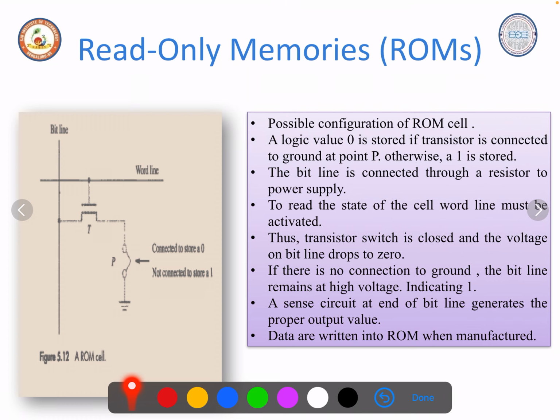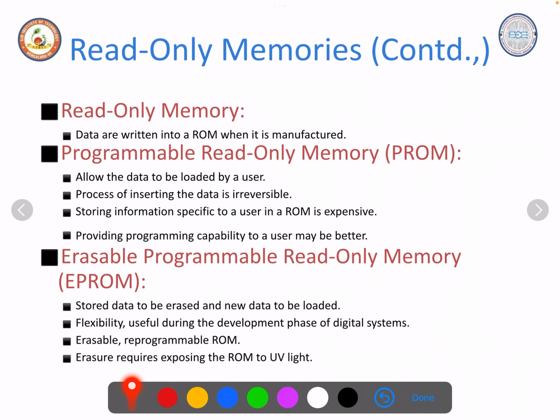If it is not connected, then it will store a value of 1. A sense circuit at the end of the bit line generates the proper output value. Data are written into the ROM when you manufacture it.